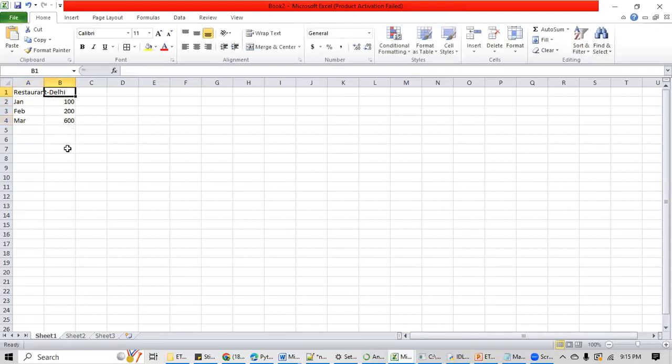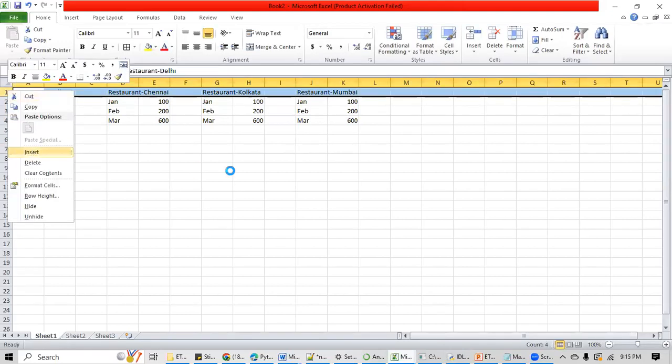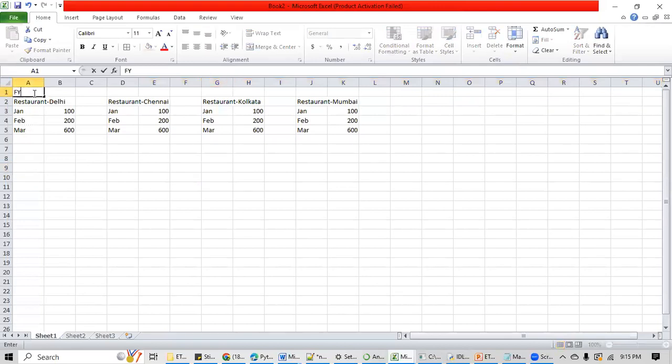This is for the Delhi restaurant. Similarly, I will take only 4 locations, 4 metropolitan cities. Then I have Chennai, then Kolkata, then Mumbai. And this data is of financial year 2015.